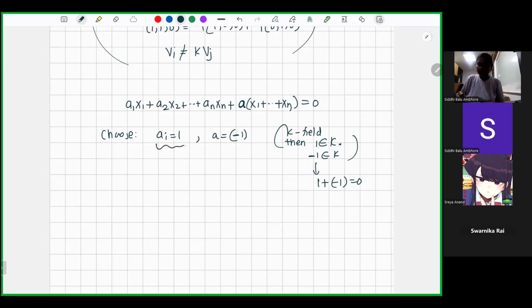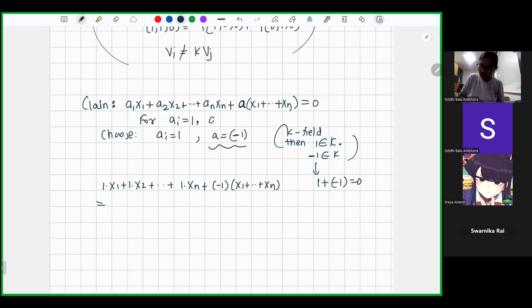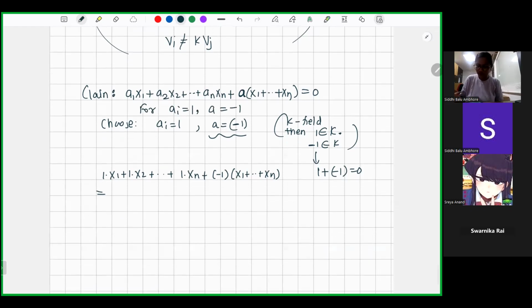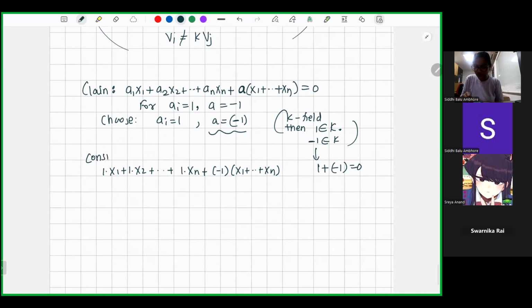So if I choose this ai to be 1 and a to be minus 1, then I will get 1 into x1, 1 into x2, so on, 1 into xn, plus this minus 1 into x1 plus xn. I claim that this is 0 for ai equal to 1 and a equal to minus 1.